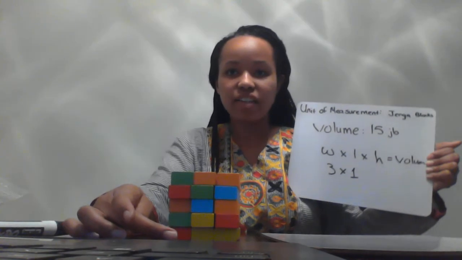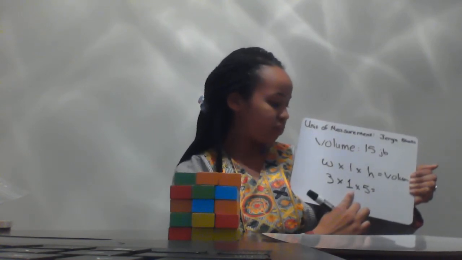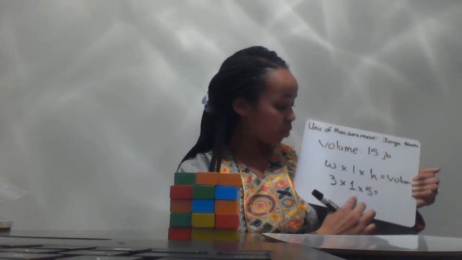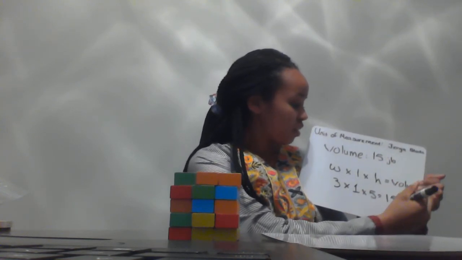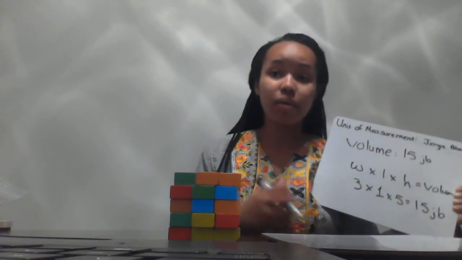And when I look at the height, 1, 2, 3, 4, 5, I have 5 blocks that make up the height. And so I have 3 times 1, which is 3. And then I have 3 times 5, which is 15. And look, I got the exact same answer, 15 Jenga blocks. So today, I want you to practice finding the volume of different rectangular prisms.